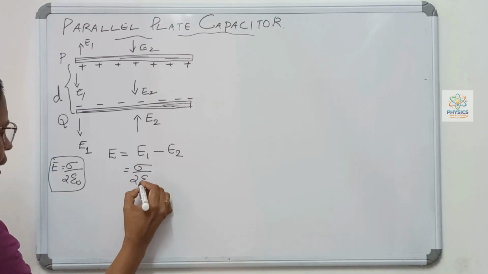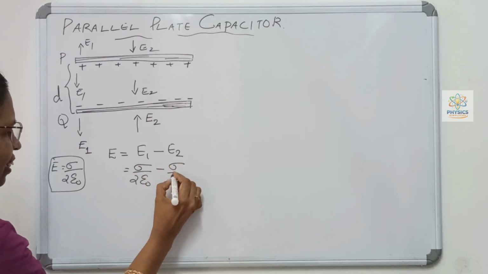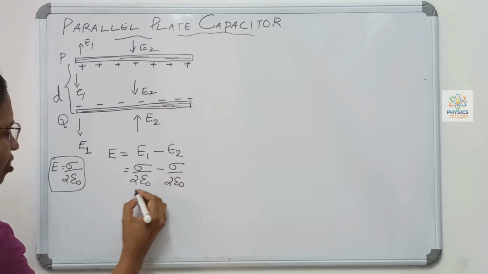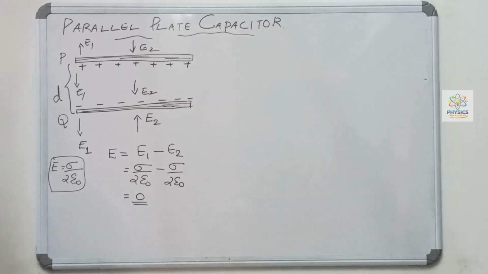Sigma by 2 epsilon 0 minus sigma by 2 epsilon 0. So the resultant electric field intensity in the outer region of the first plate is 0.